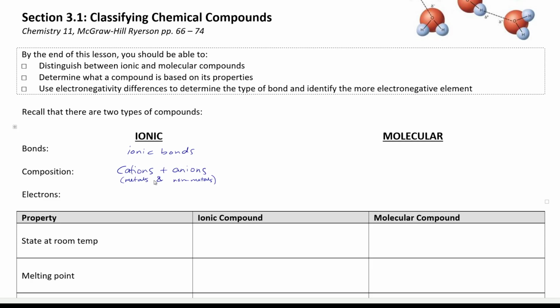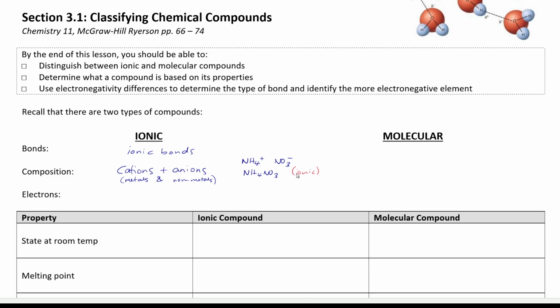So we generally say cations and anions because, for example, an exception could be when the ammonium ion bonds with the nitrate ion, we get ammonium nitrate, which is in fact ionic. However, if you look at the formula, there are no metals within this formula.